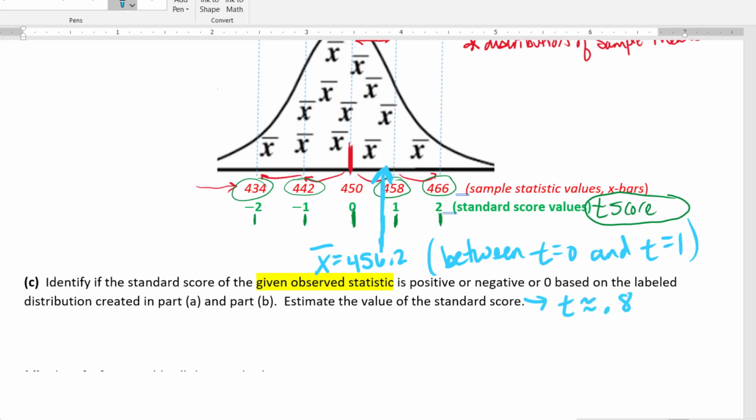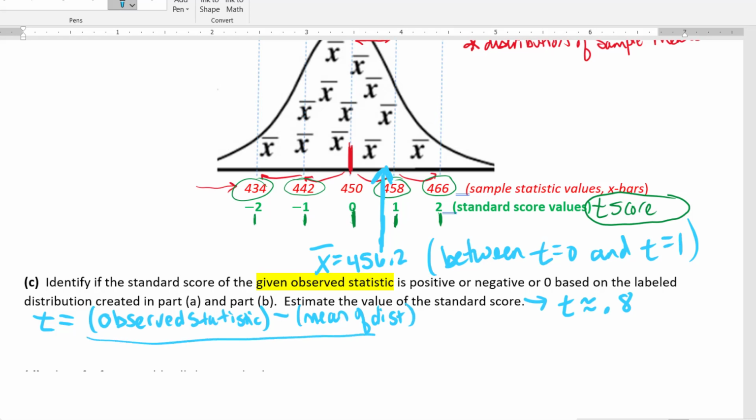That's just an estimate. We can go ahead and find the actual value using our t-score formula. T-score is found by taking your observed statistic minus the mean of the distribution divided by the standard deviation of the distribution. So in this case, our observed statistic is 456.2 minus the mean of the distribution is 450, all divided by the standard deviation of the distribution, which is 8.